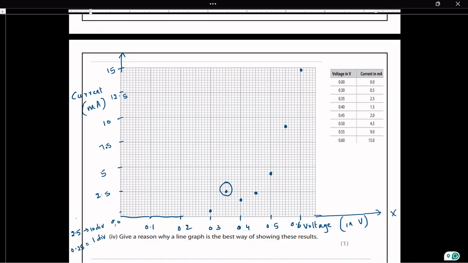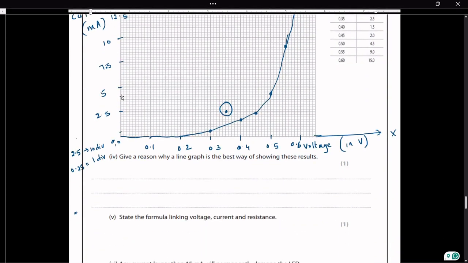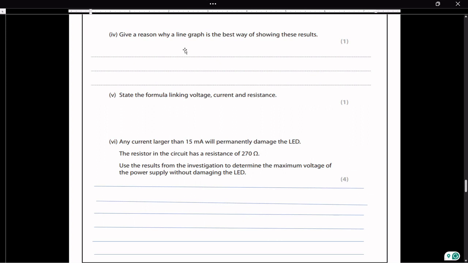So we have to join the 0 and slowly draw the line. So we have marked the anomalous value and now the next part of the question.